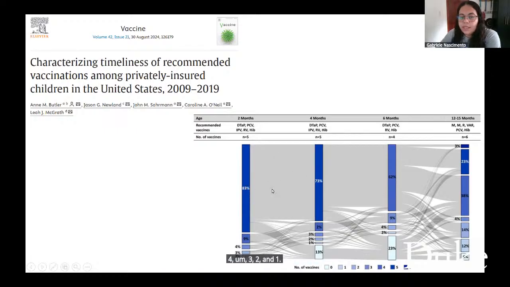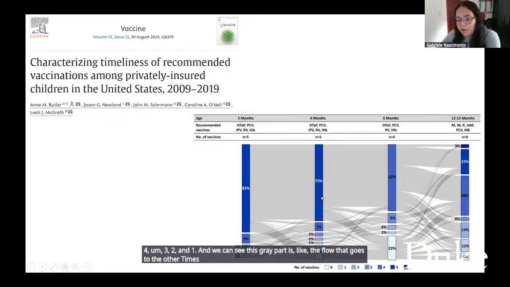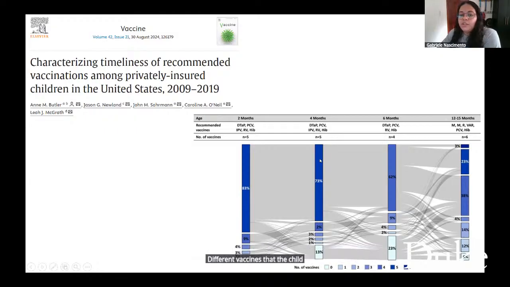And we can see this gray part is the flow that goes to the other timestamp, which is 4 months. And here also we have 5 different vaccines that the child can take. So we can see that 73% had all 5 different vaccines.